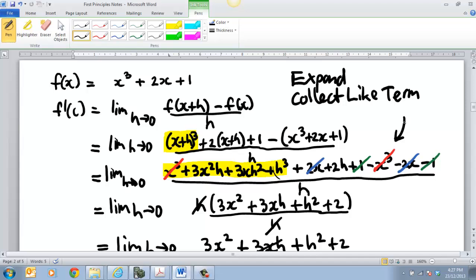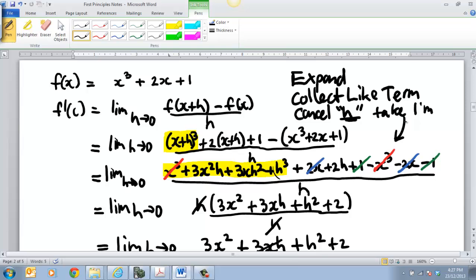Okay, every term has to have an h in it, and then we can cancel the h's out, and then take the limit. Okay, so those are really the 3 steps that we're doing there.